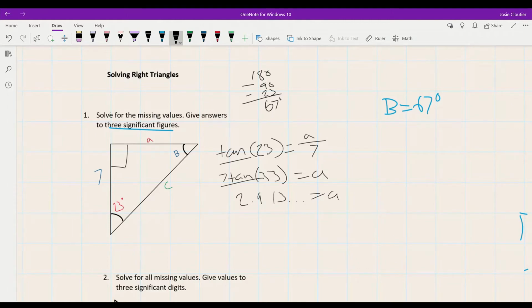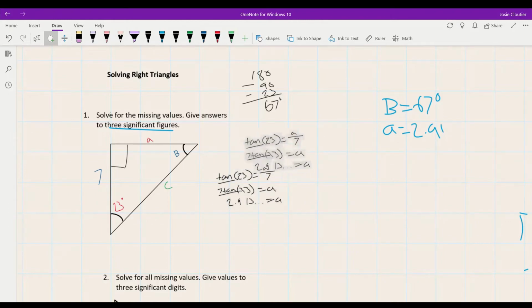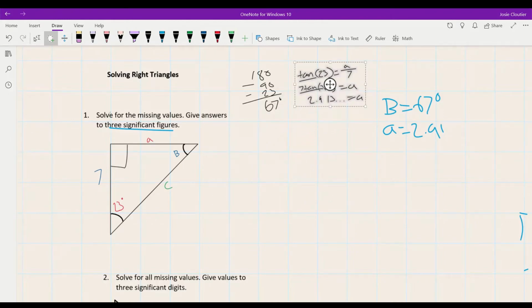It wants 3 significant figures, so we'll say that A is equal to 2.97. Now, it's important to remember that while we're doing most of our calculations, we need to use the value that we got in our calculator rather than our rounded version. Otherwise, our answer for the third side length won't be correct.